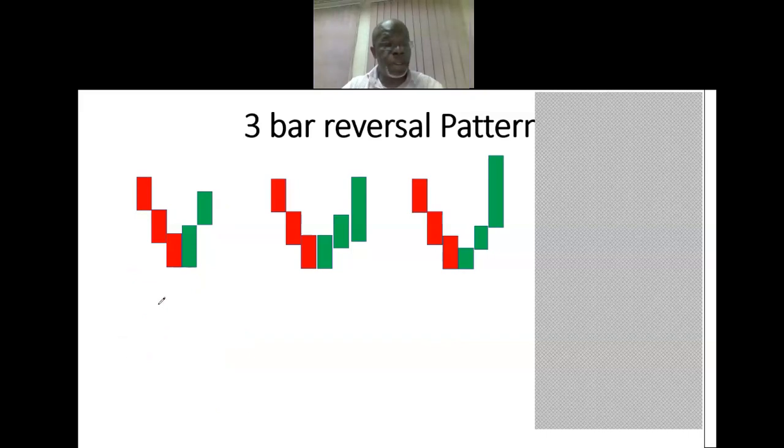One, two, three, where the first one is the measuring candle, the second is the apex, and the third one is the trigger.